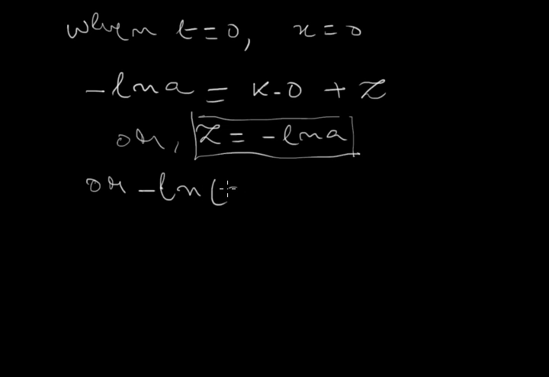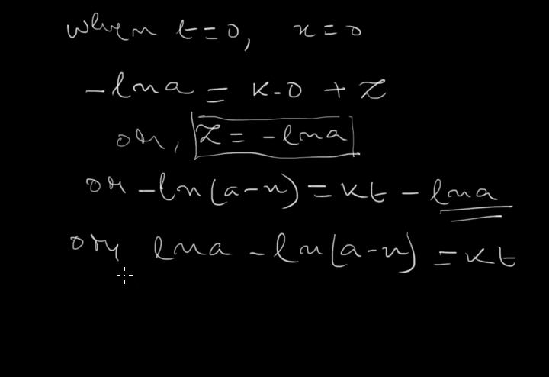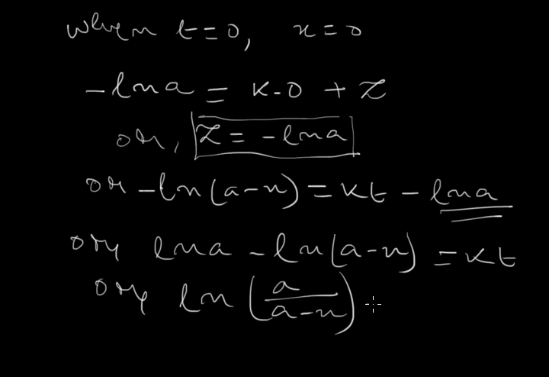Or the equation can be written like that: minus ln (a minus x) equal to kt minus ln a. That means in place of z we write minus ln a, or ln a minus ln (a minus x) equal to kt, or ln a by (a minus x) equal to kt.